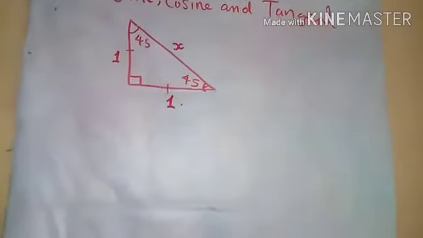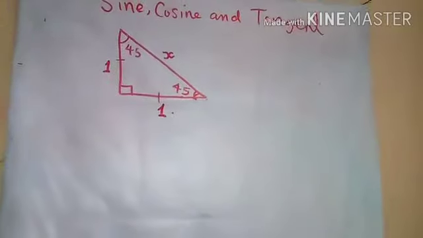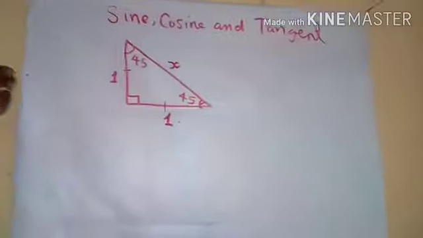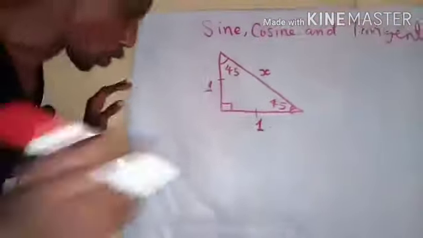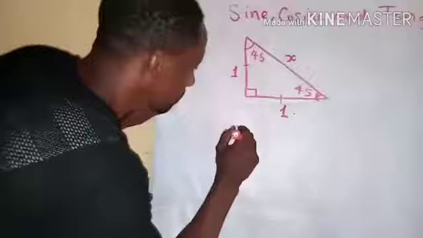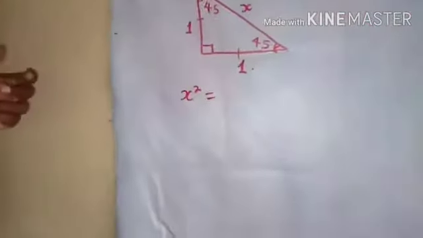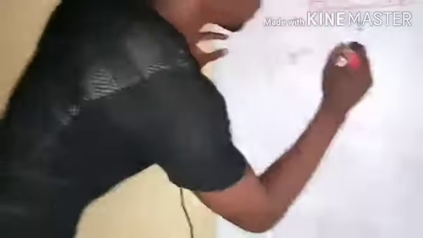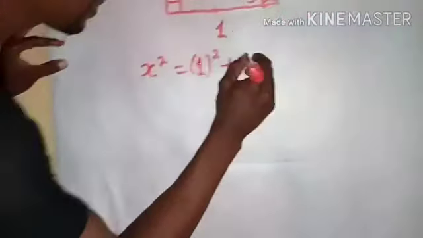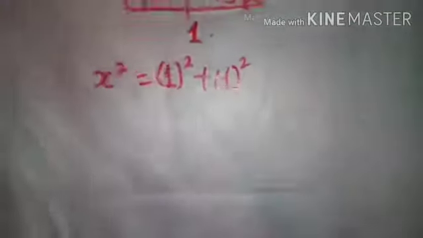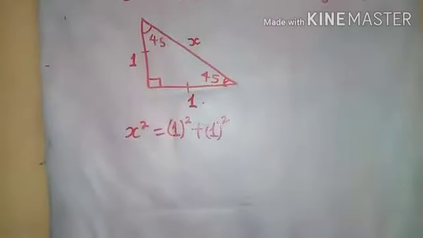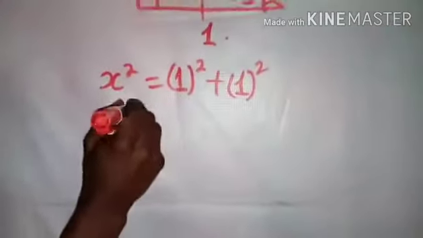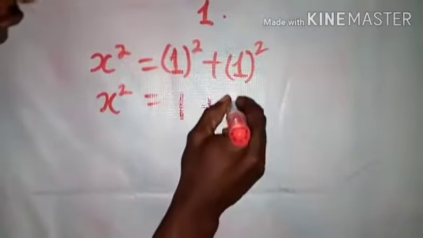We're going to use our Pythagoras theorem to get this side. As we define Pythagoras theorem, the square of the longest side, which is x squared, equals the sum of the squares of the two other sides, which is 1 squared plus 1 squared. And as we know, 1 times 1 is 1. Then the next 1 times 1 is 1. So we have x squared equals 1 plus 1.